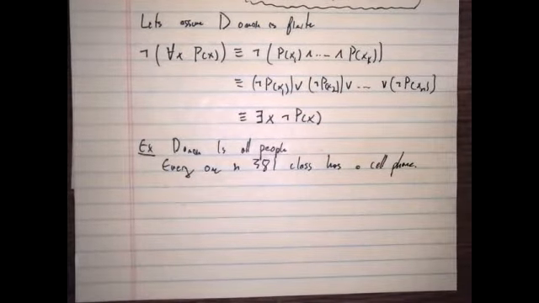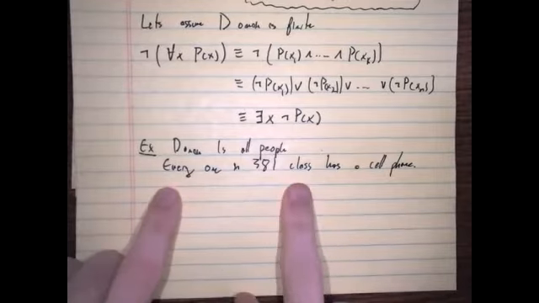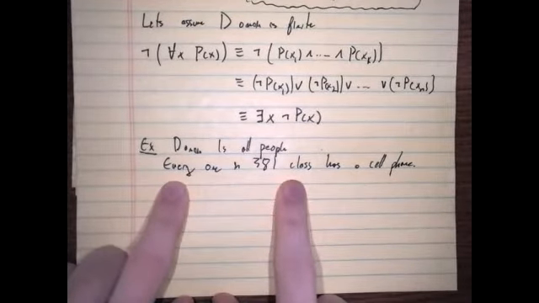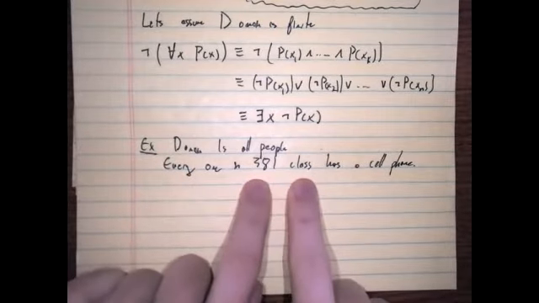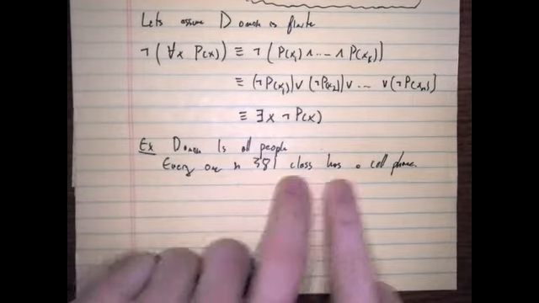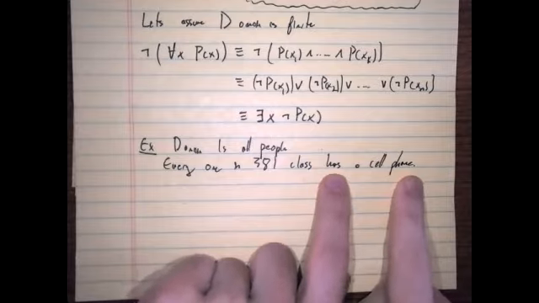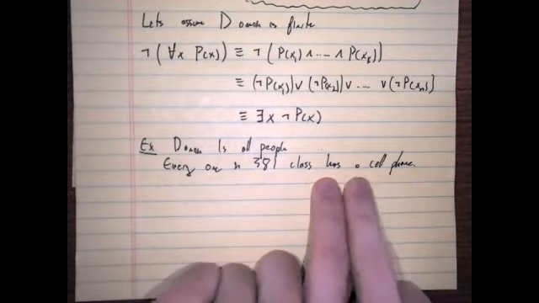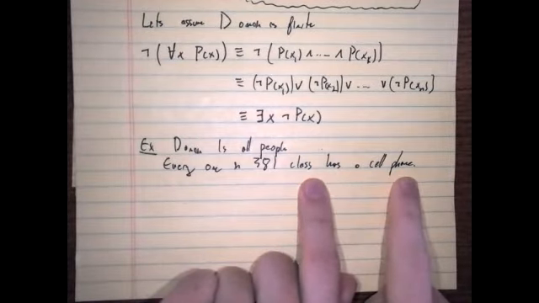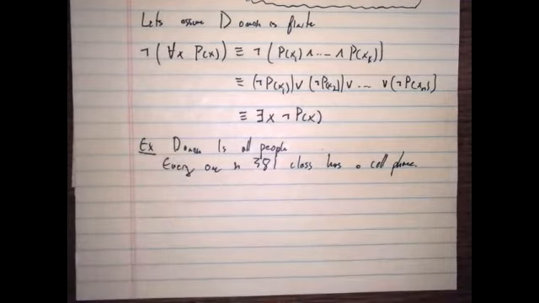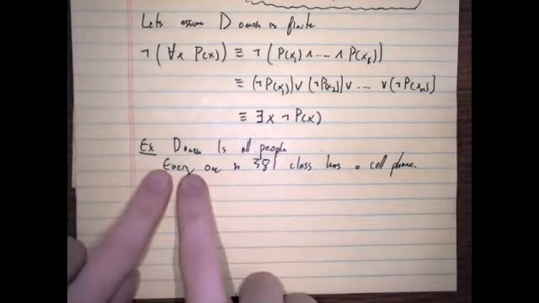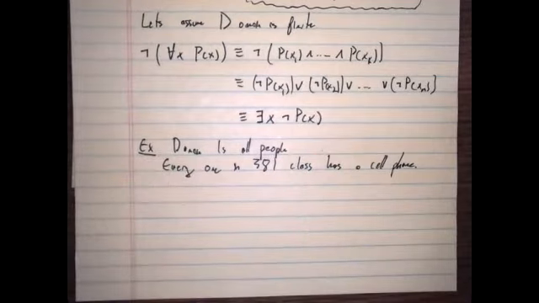Okay, so we need two propositions, right? We need one propositional function which determines whether or not you're inside the class, and we need one propositional function which pertains to owning a cell phone, right? And the domain is all people. So what should we do for this?